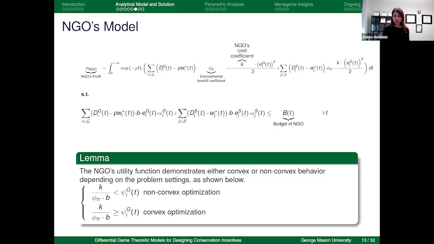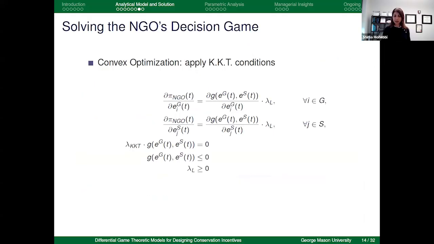Now, if it is a convex optimization, we can apply Karush-Kuhn-Tucker conditions to the Lagrangian function. And this system of equations and inequalities, which guarantee feasibility and optimality, needs to be solved using numerical optimization methods.